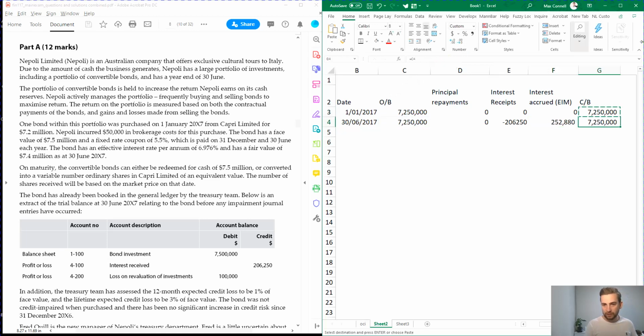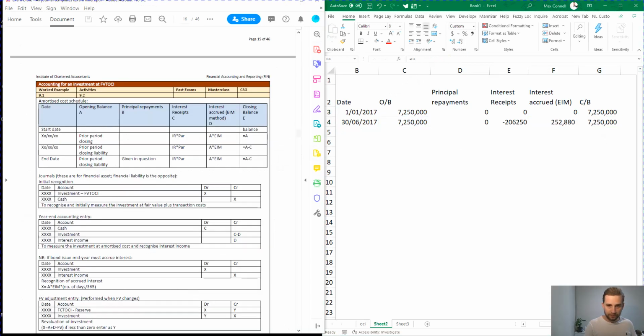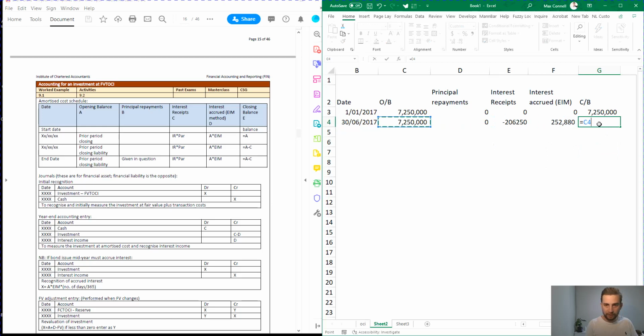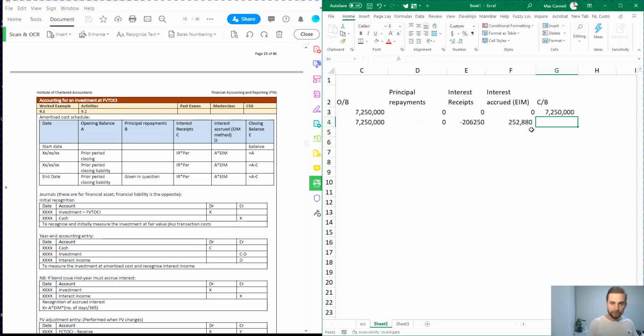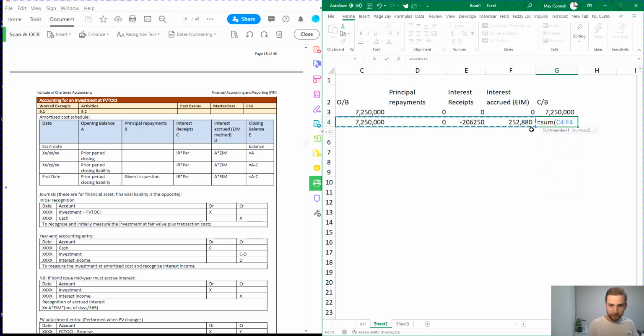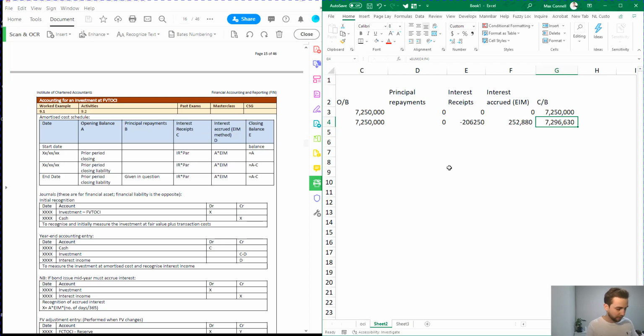And then the closing balance is just going to be A minus C. So we're going to go opening balance minus interest receipts. 7.4. I think I've got the signs wrong. So we need to also take into account the interest receipts there. So it's going to be the sum of all of these three together, and there we have the closing balance.